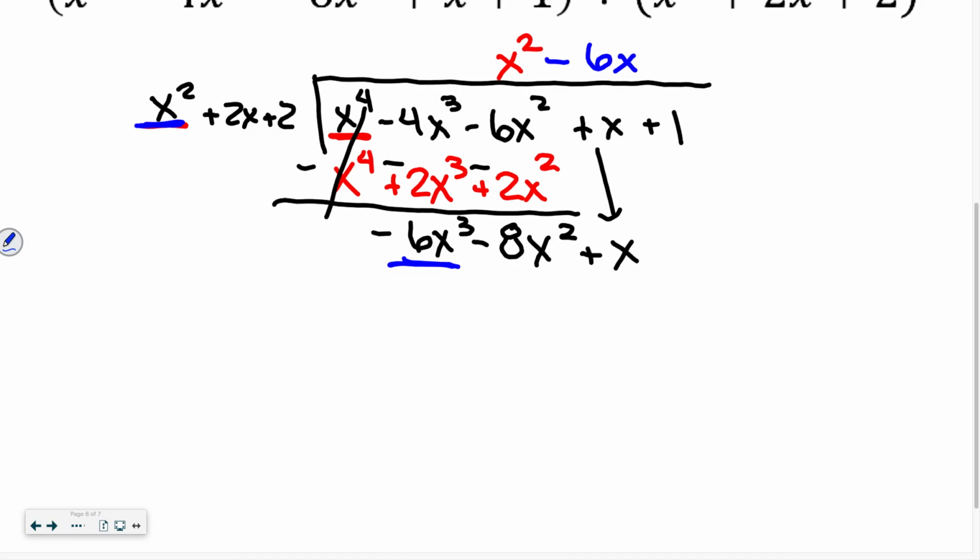Would you do the second term too? Multiply by everything. No. I won't mess around with the second term. Now I'm just going to distribute negative 6x to all those. So that's going to be negative 6x cubed minus 12x squared minus 12x.